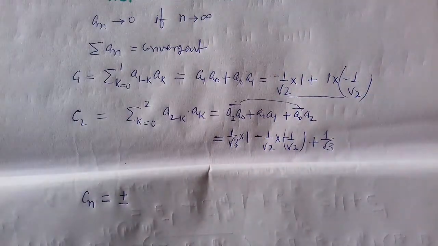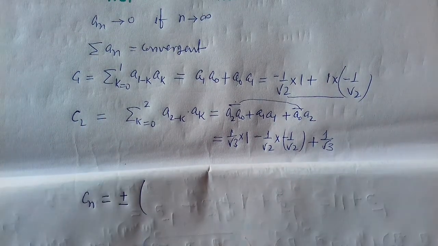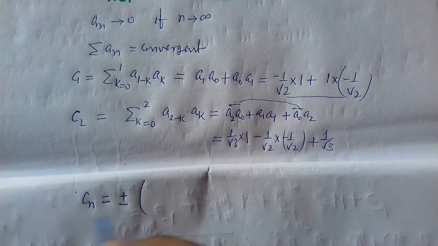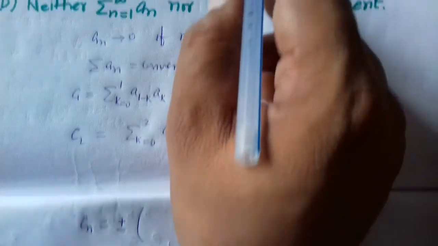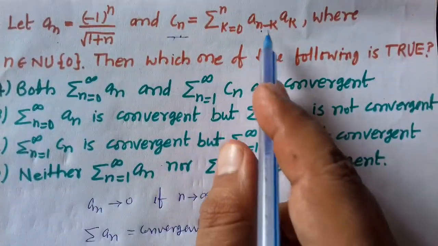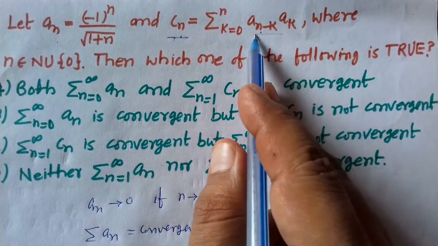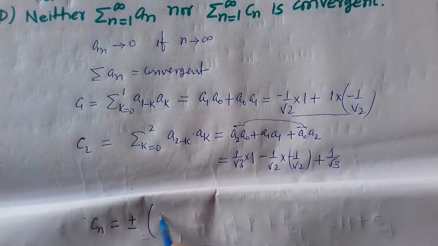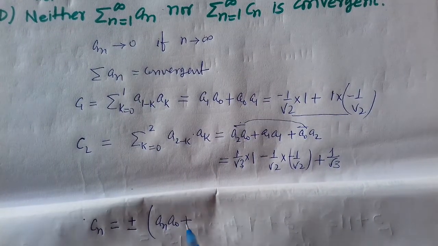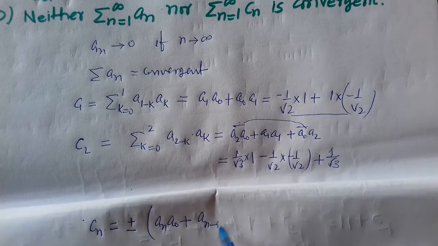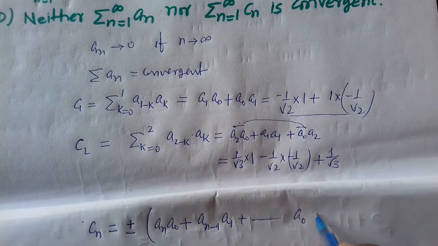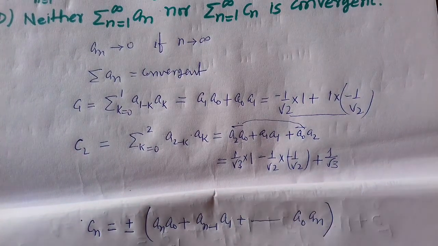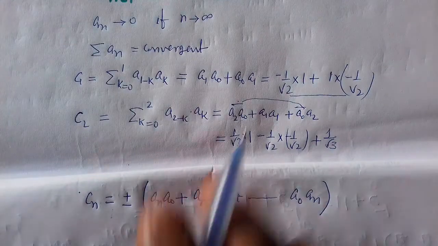Inside the bracket there will be a sum. If we put k equals to 0, first will be an a0, thereafter an minus 1 a1 and so on, up to a0 an. Now we put the values from here.